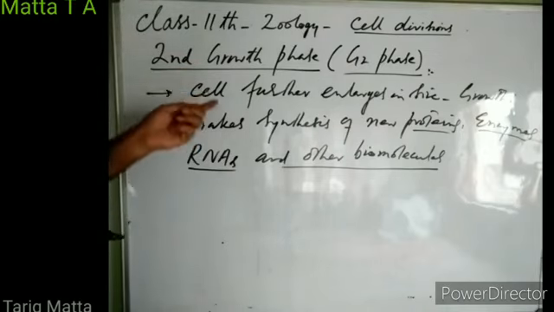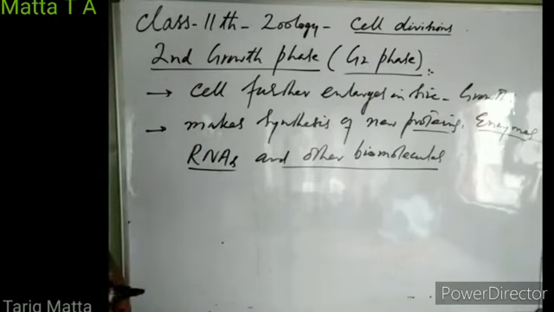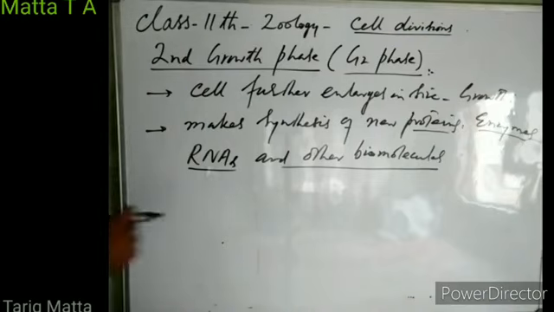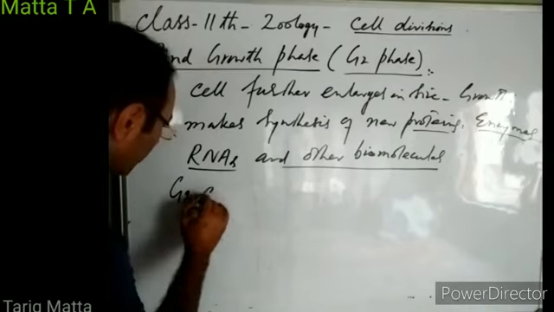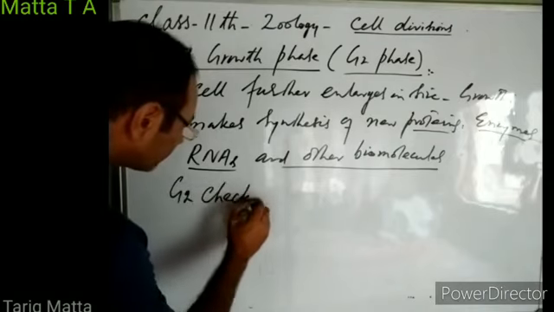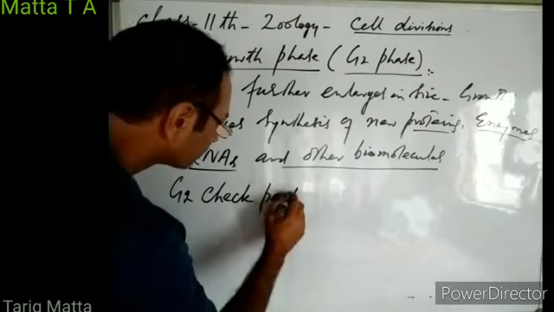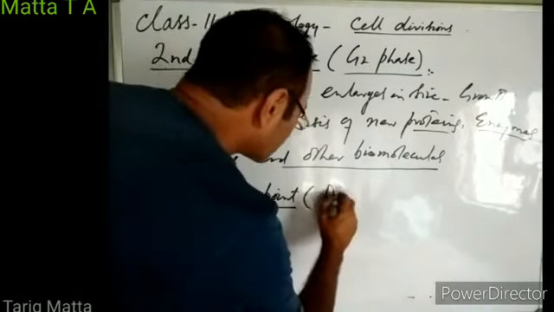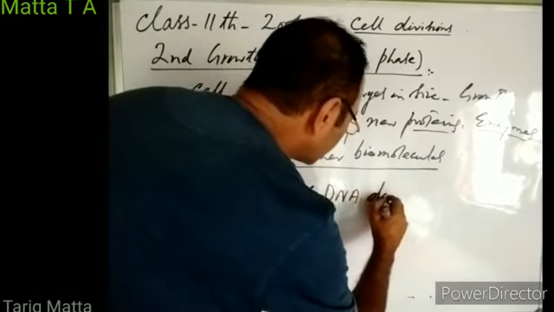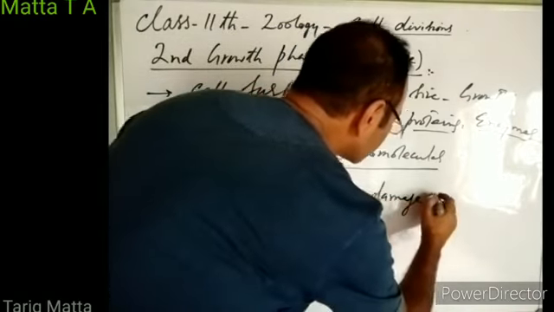Before the cell goes from second growth phase into M phase, it has to pass another checkpoint. That is known as the G2 checkpoint, or we call it the DNA damage checkpoint.